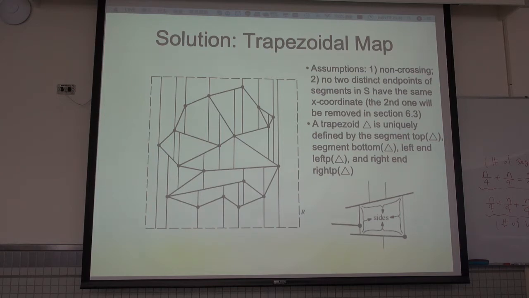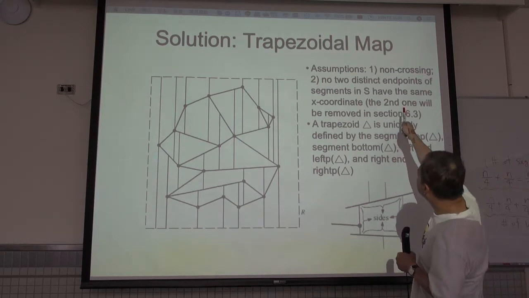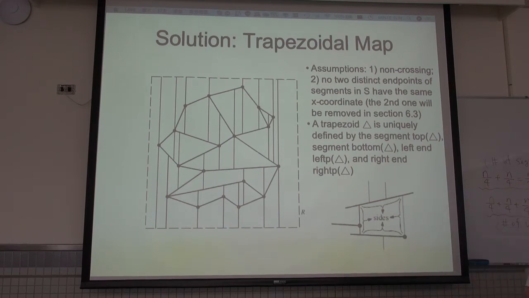Why? Because of the second assumption. Remember, I told you guys, for all the endpoints, no two endpoints share the same x coordinate value, which includes the endpoints from the same line segment. If the two endpoints of a line segment cannot have the same x coordinate, then this line segment is impossible to be vertical, right?